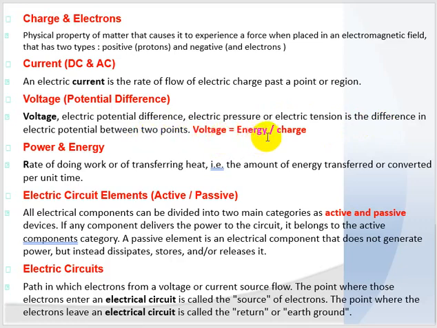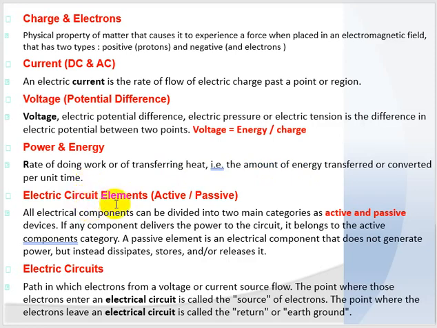Voltage is equal to energy per unit charge. And then the next thing is power or energy, the rate of doing work or transforming energy or heat, such as the amount of energy transferred or converted per unit time is called power.